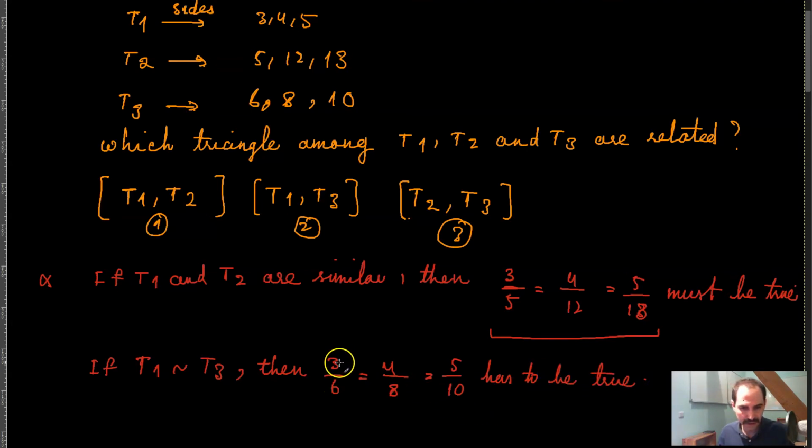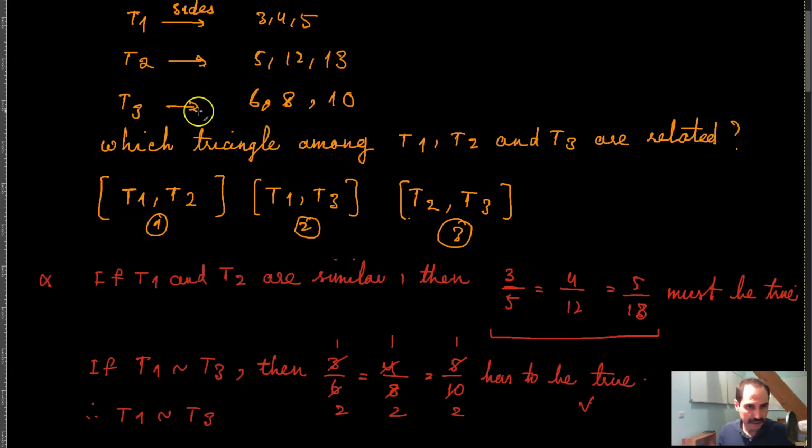So 3 to 6 is the same thing as 1 to 2. 4 to 8 is the same thing as 1 to 2. 5 to 10 is the same thing as 1 to 2. That is, this ratio is true, which means that T1 is actually similar to T3.